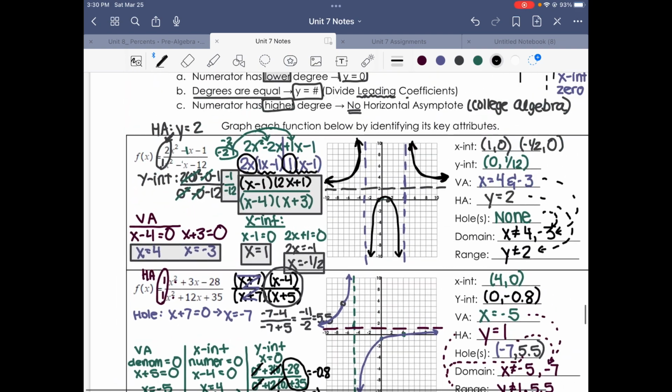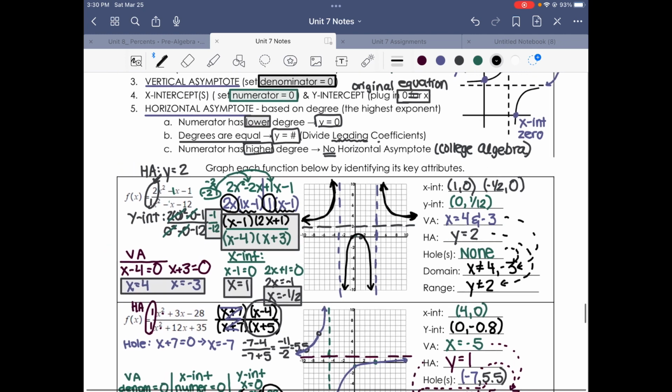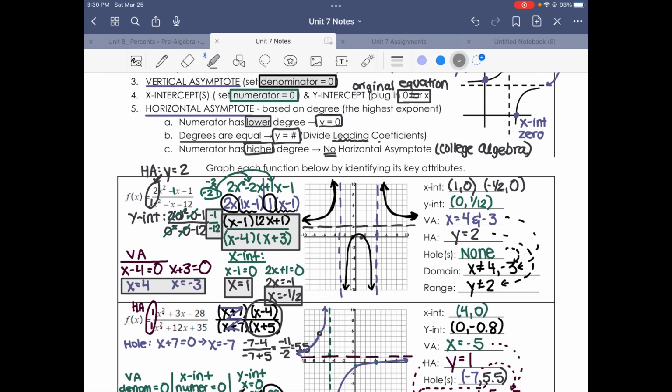Okay, that is rule A, right here at the top. The numerator has a lower degree, so it's y equals 0. We just hadn't used that rule yet.